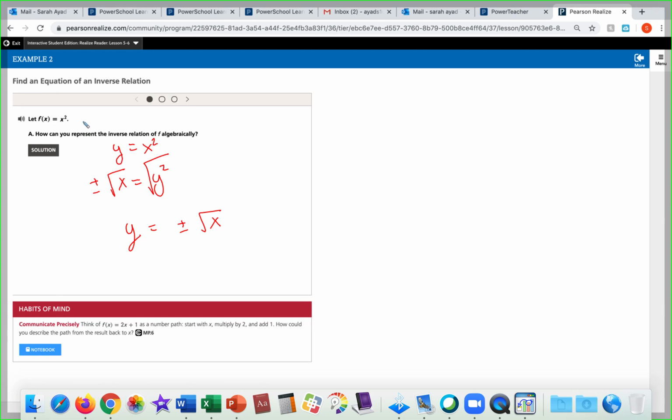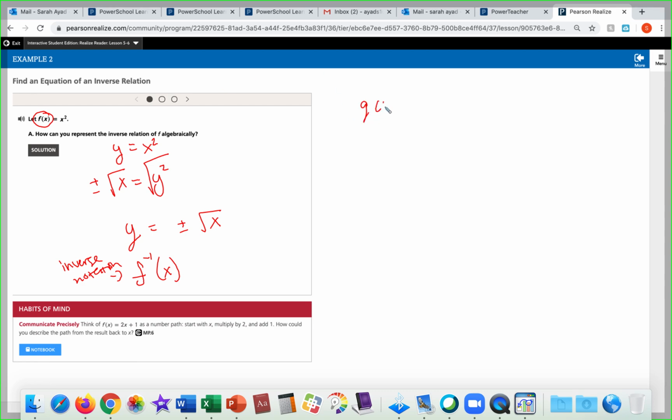Now, in function notation, we use f to the -1 of x, just like how we use f of x to represent y equals, right? This just means a function of x. F to the -1 of x, this is not an exponent. This is just inverse notation, okay? It's just the way we write that this represents the inverse of f of x.